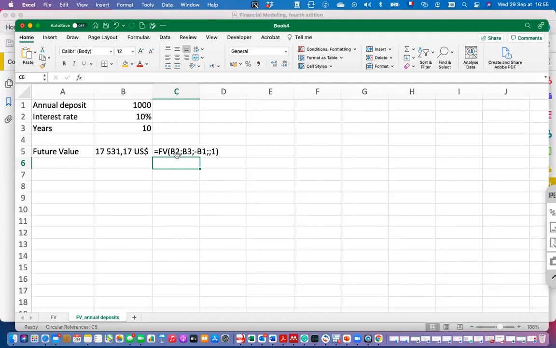If you leave it blank or put 0, it is as if you are telling Excel that you are making your deposit by the end of each year.